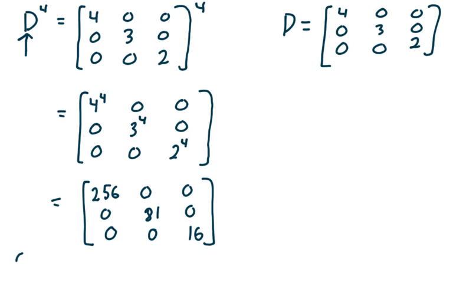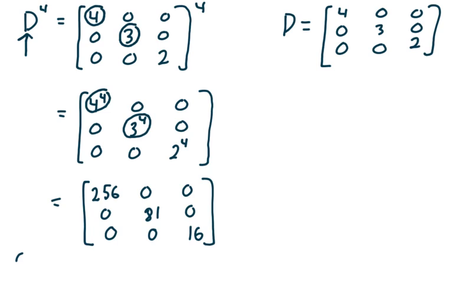So the way that works is I'm going to take the first entry 4 and raise it to the 4th power to get 4 to the 4th. And we're looking at the entries along the main diagonal. And then what I do is I take the entry 3 and raise it to the 4th to get 3 to the 4th. So now I have 4 to the 4th here and 3 to the 4th here.